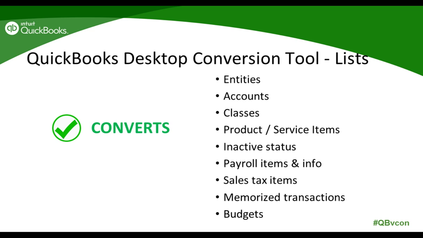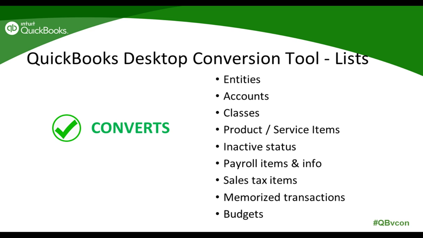Sales tax items do convert to the Sales Tax Center. They're not going to be found in the list area. They are in the Sales Tax Center. QuickBooks Online does support multiple, single, and combined sales tax rates.